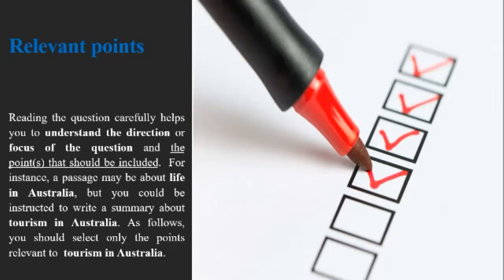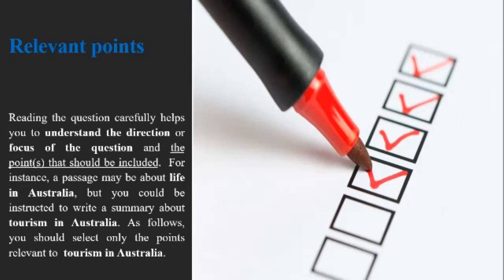So in your summary, you wouldn't focus on the entirety of life in Australia. You would only limit the points. The points you identify must be relevant only to the focus of the summary task. Based on what we have here, the focus is on tourism in Australia, not life in Australia.